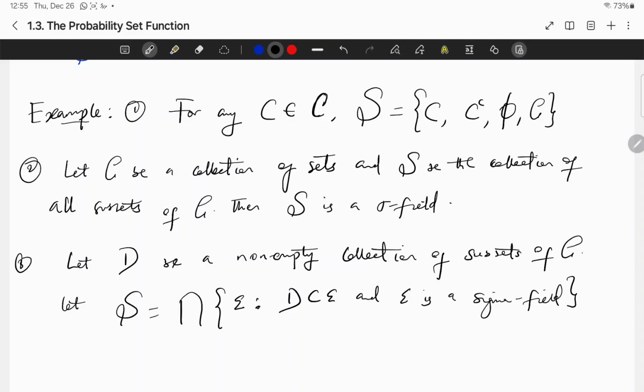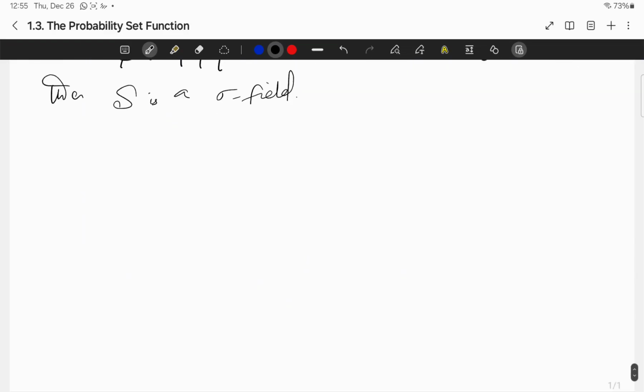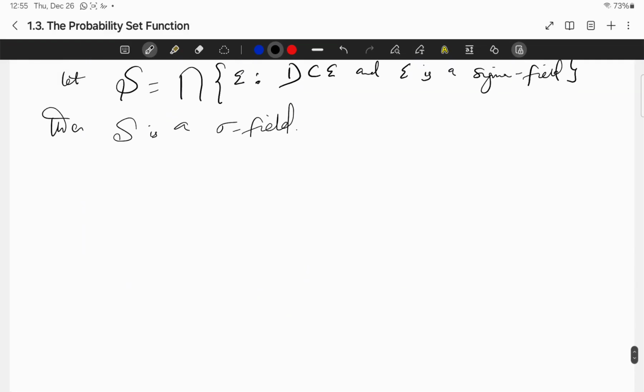Then X is a sigma field, and this is the smallest sigma field which contains D. Hence it is referred to as the sigma field generated by D, and sometimes we call it the Borel sigma field. With that, we can now define what an event is.